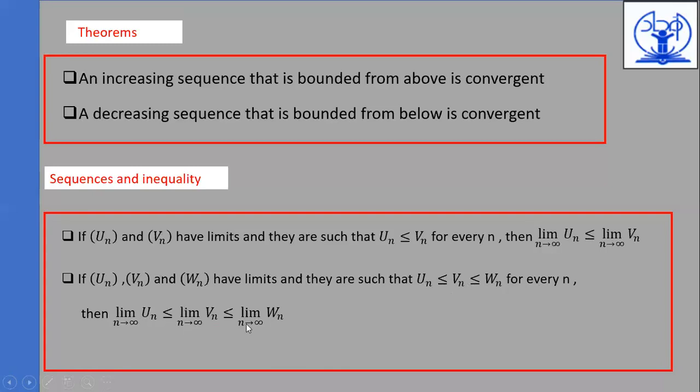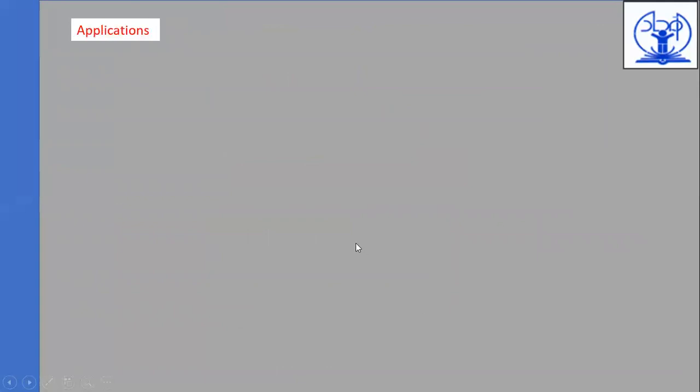For sure, the first part is always true, but what is more important is this. In case you have vn squeezed between two sequences, un and wn, and the limits of the extremities are both equal to L, then the limit of vn must also be equal to L. This is called the squeeze theorem.